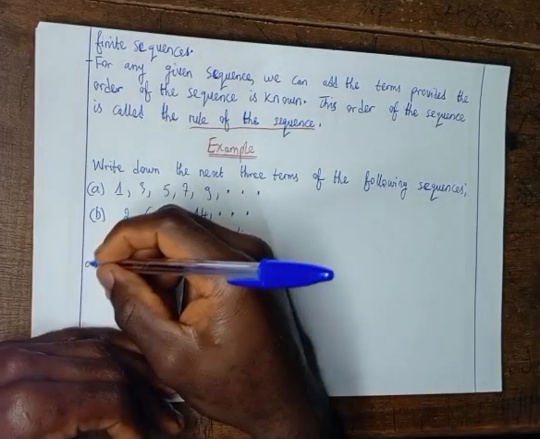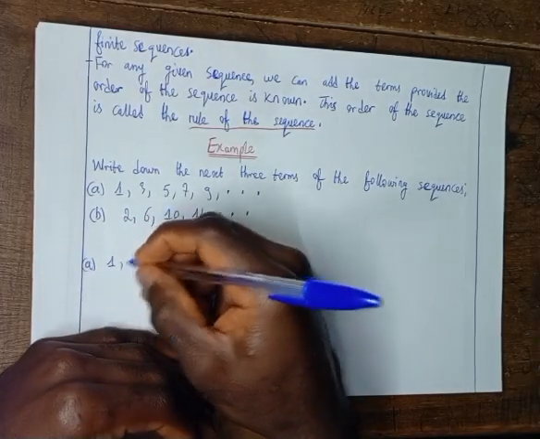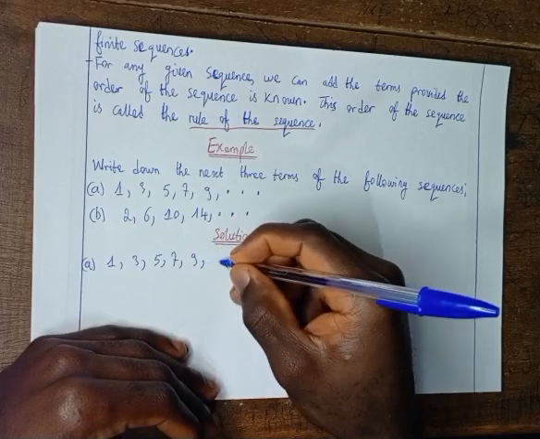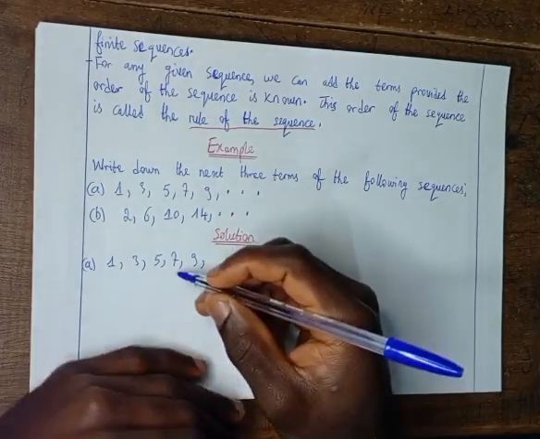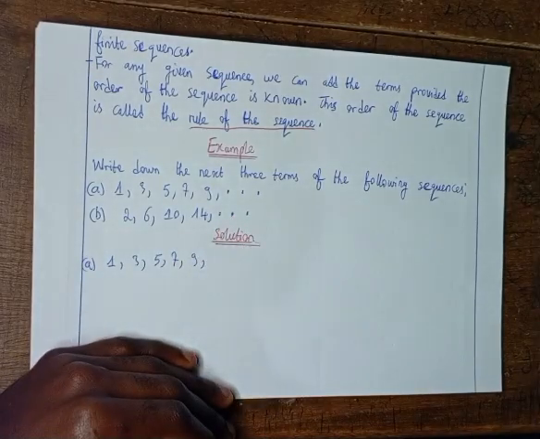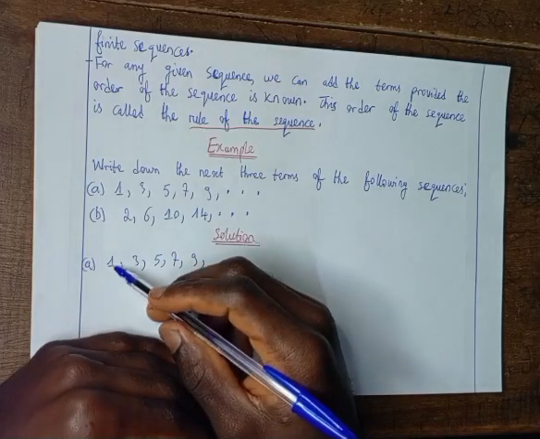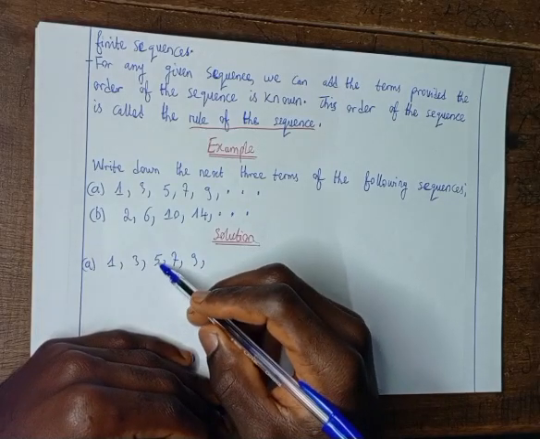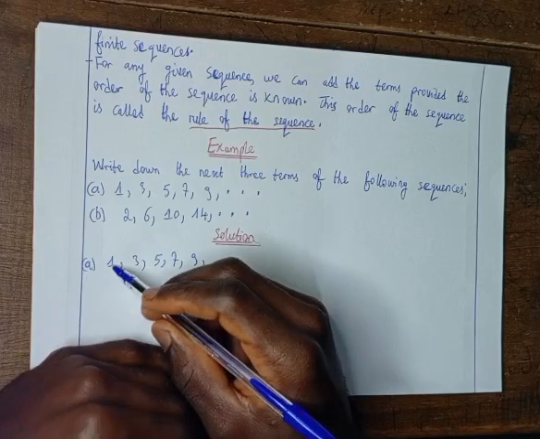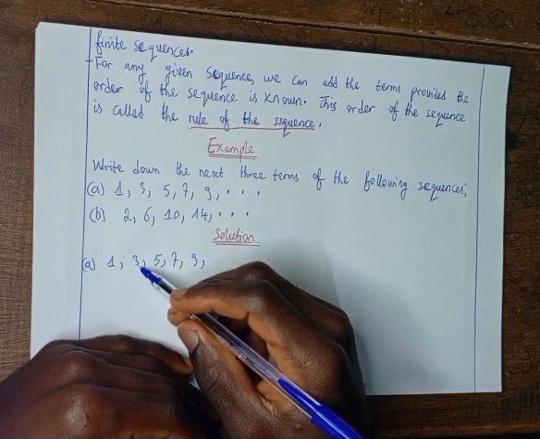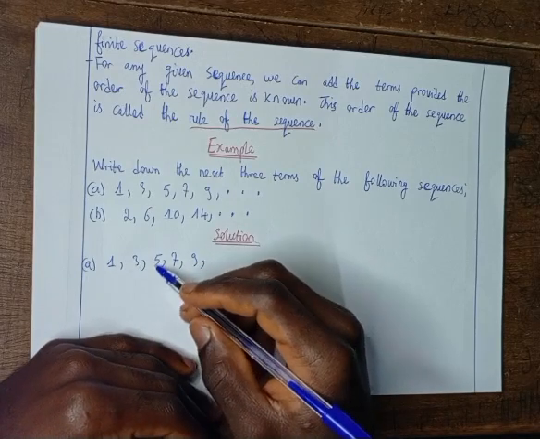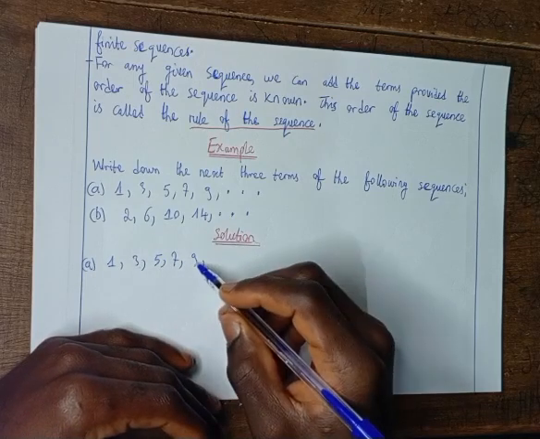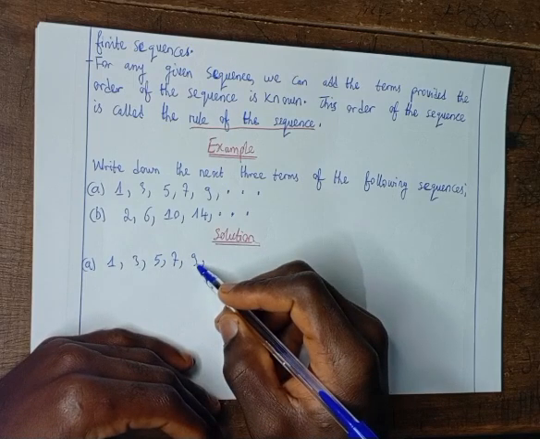We take now the solution. We take question A. We have 1, 3, 5, 7, 9. Looking at this sequence, you see that 1 is the first term, 3 is the second term, 5 is the third term. From 1 to 3, addition of 2. 3 to 5, addition of 2. 5 to 7, addition of 2. 7 to 9, addition of 2.